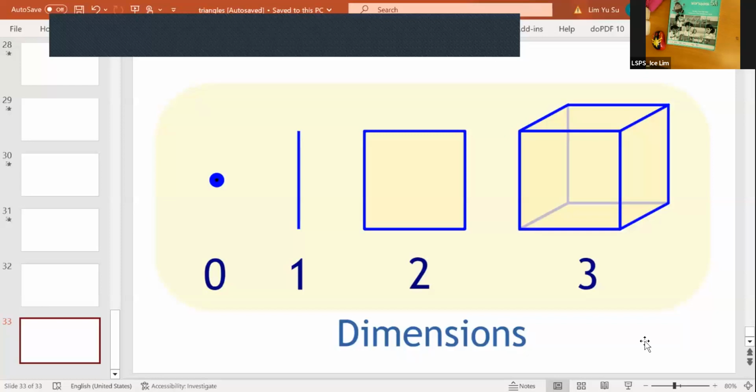When you multiply these 3 types of measurements together, how long, how wide, how tall, I get, say, centimeter times centimeter times centimeter, unit times unit times unit, meters times meters times meters. Can you see I'm putting 3 different measurements together?